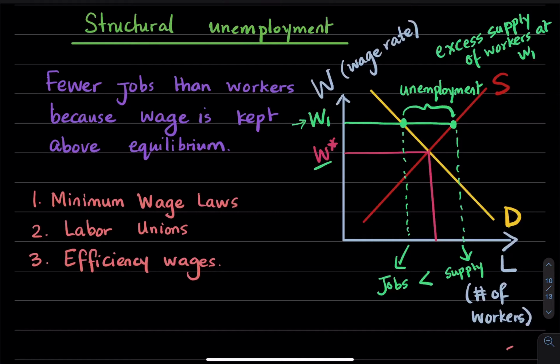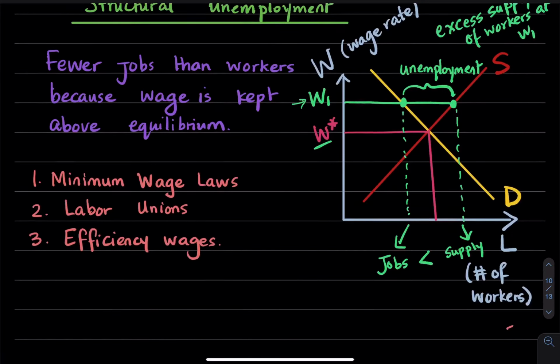The third reason for structural unemployment is this theory of efficiency wages.